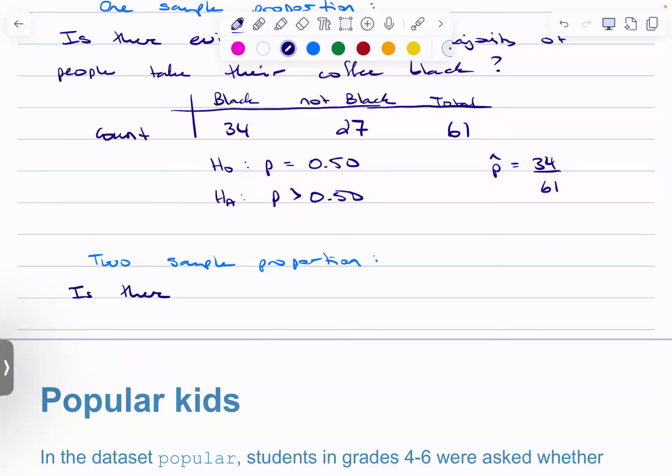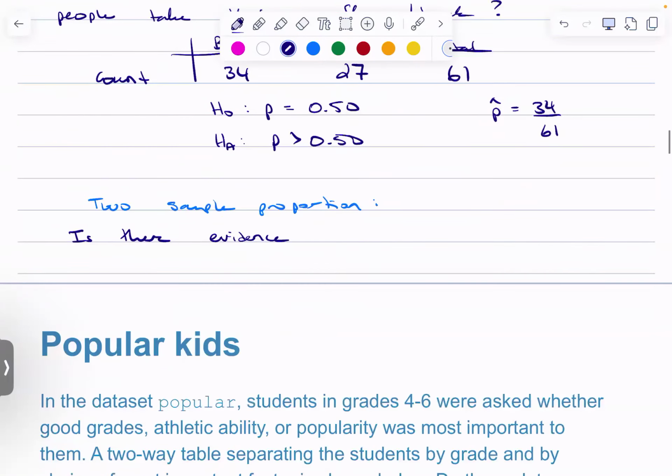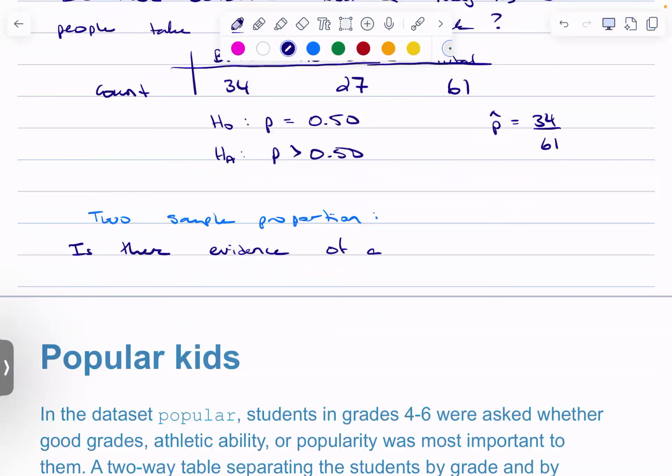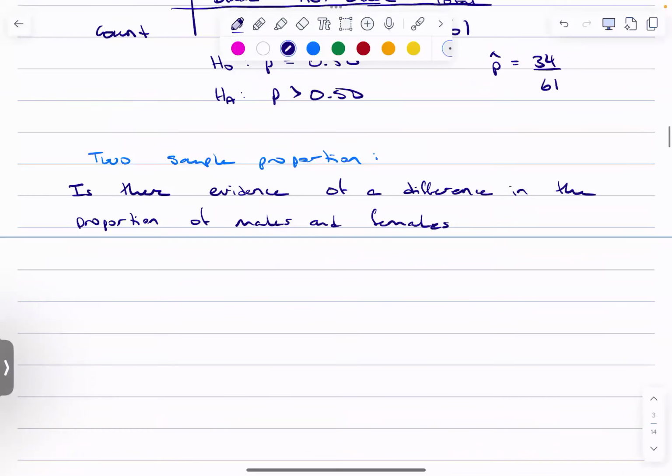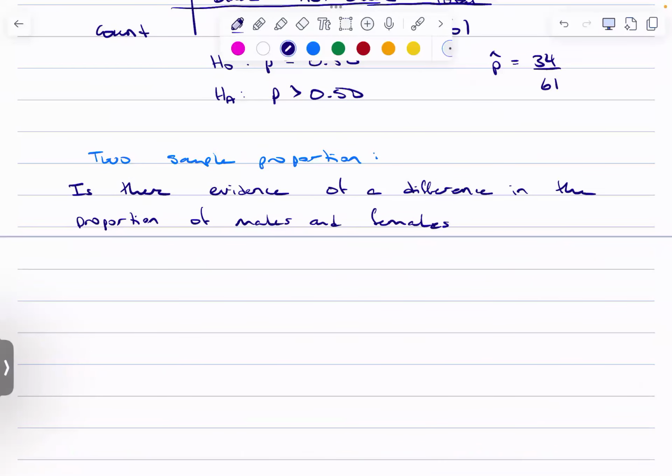Is there evidence of a difference in the proportion of males and females? I know, outdated, but I'm a one-trick pony. Males and females who drink their coffee black.